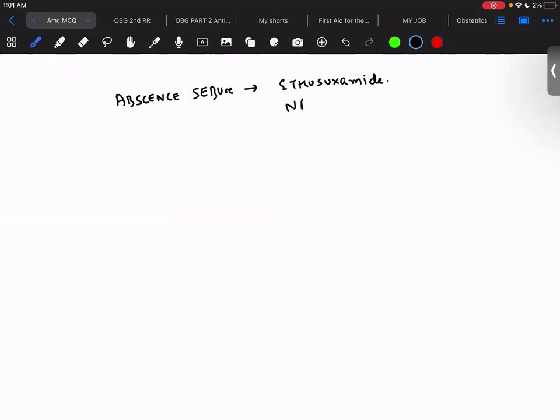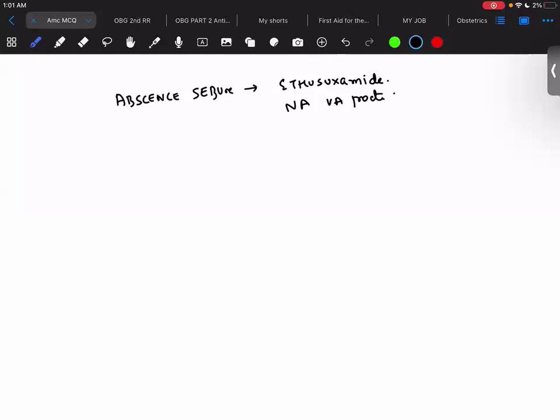We can also give sodium valproate as a second line treatment, but the drug of choice is ethosuximide, if it is not associated with tonic-clonic seizure, a pure case of absence seizure.